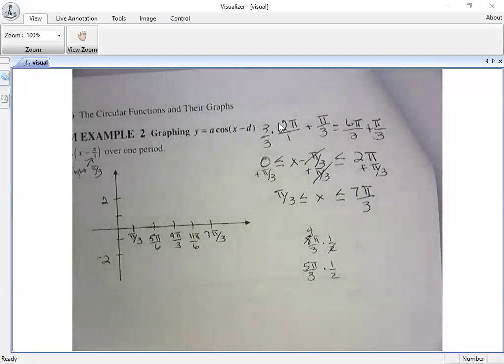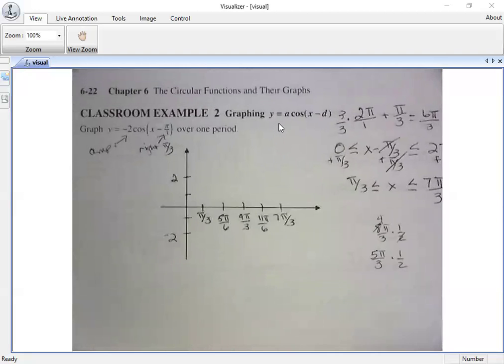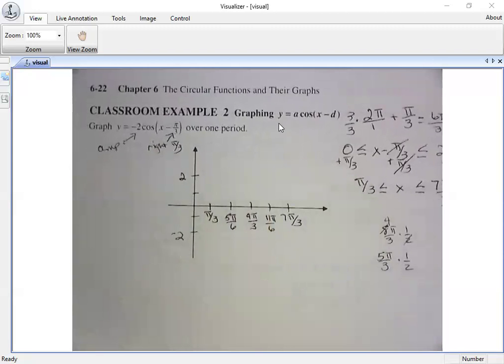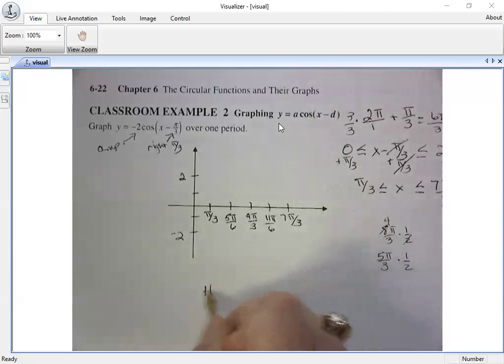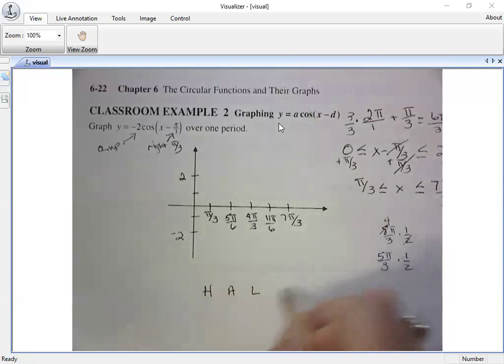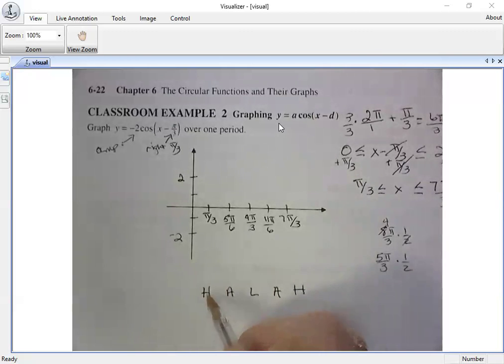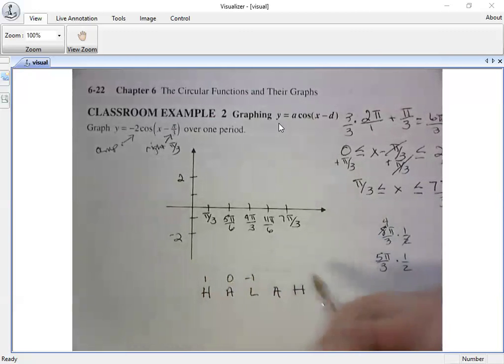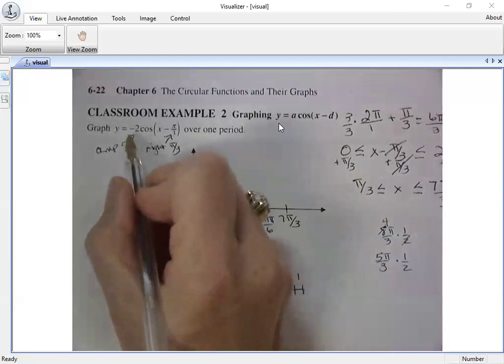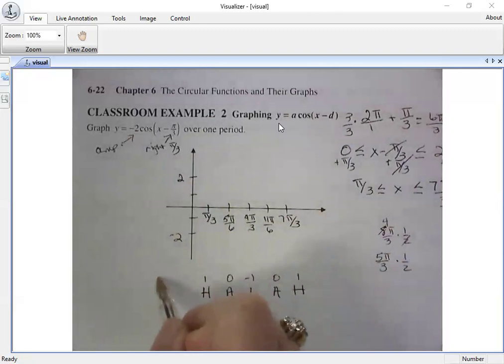All right, what would you do now in order to start graphing this? Since it's a cosine curve, I probably should think of what? Hala. So if I write out hala, normally your high point is what? Axis is 0, low is -1, axis is 0, high is 1. But we had an amplitude change of what?